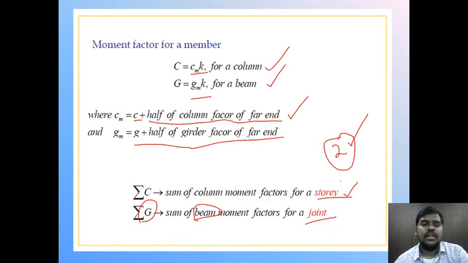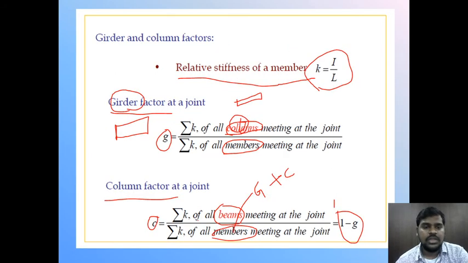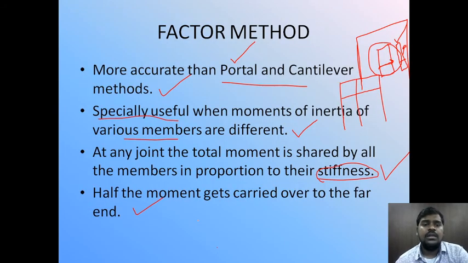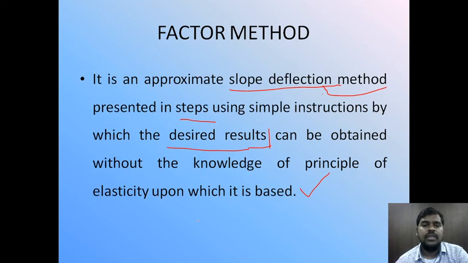If we find all these terms and do a simple analysis for each story, for every moment, like in the slope deflection method, we will get the desired solution. The desired result is whatever is asked in the question. In a numerical problem, whatever is asked, that result will be the desired result.